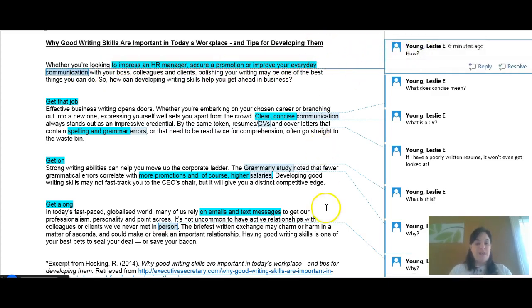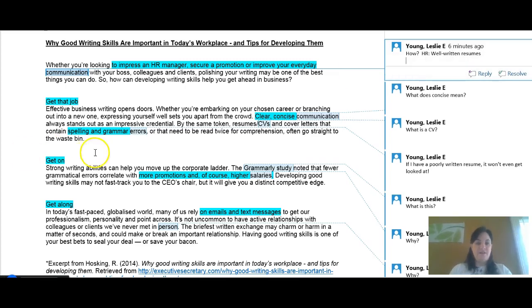Well, that was explained in the rest of the document. So my answer to how was, as far as HR goes, they're looking for well-written resumes. And it said down here that you get more promotions and higher salaries.